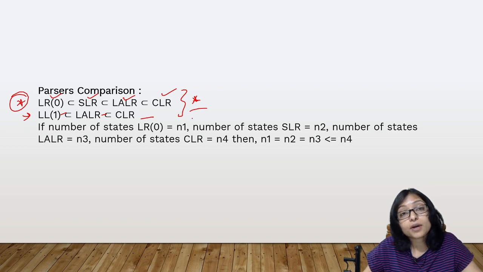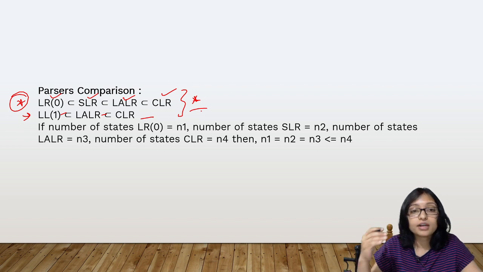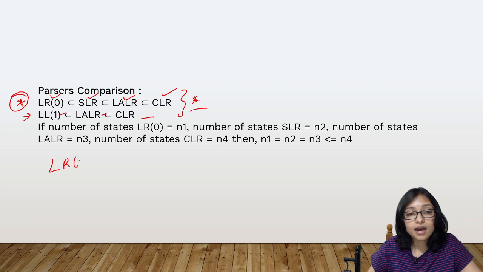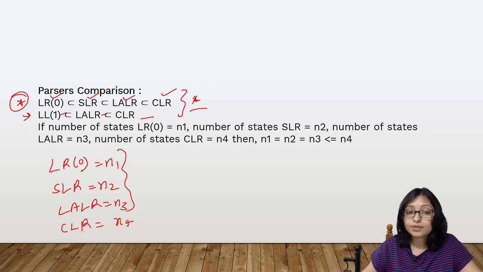And according to the number of states, if you are trying to convert the same language in different parsers, according to the number of steps, like if LR0 is taking N1 steps, SLR is taking N2 steps, LALR is taking N3 steps, and CLR is taking N4 steps. So LR0, SLR and LALR all take the same number of states.